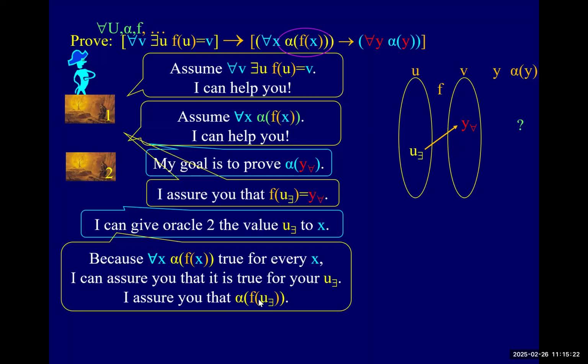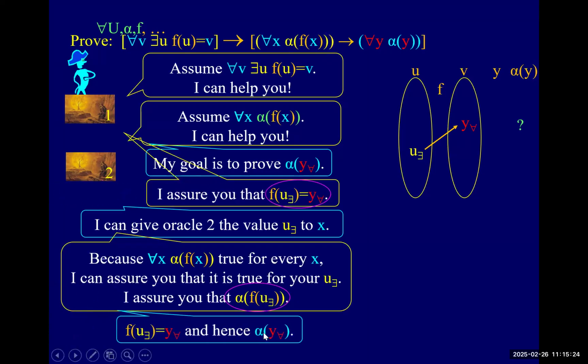Well, that F of U is Y, so alpha is true for Y, right? And that's done.